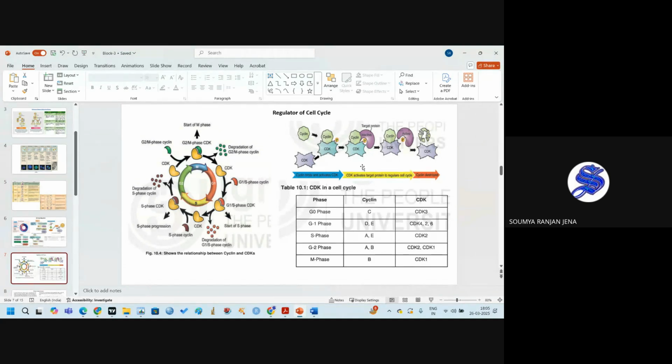Okay, the cyclin and CDK complex is the main regulator of the cell cycle. If you go to the different phases, that is G0 phase, G1 phase, S phase, G2 phase and M phase, the cyclin and the active CDK are also different.